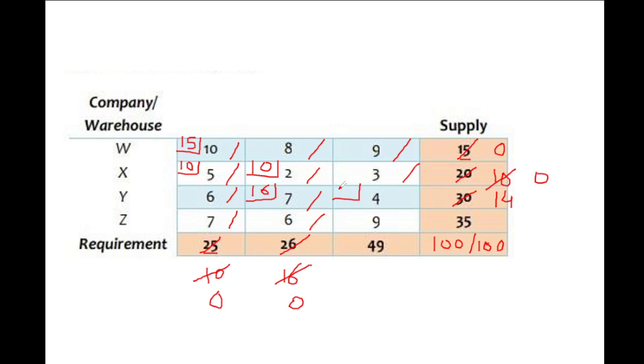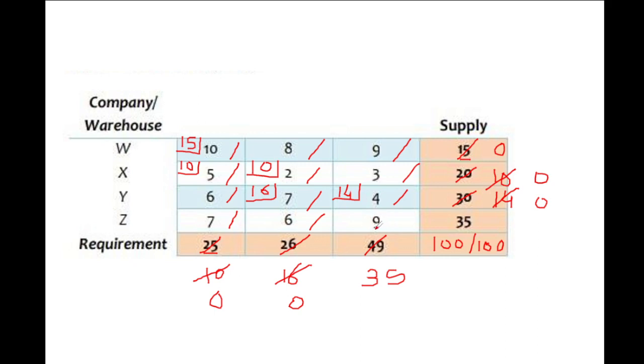Select the least value. Now 14 minus 14 is 0 and 49 minus 14 is 35. Since 0 is achieved here, this row is exhausted.